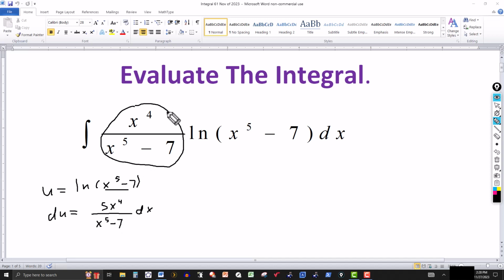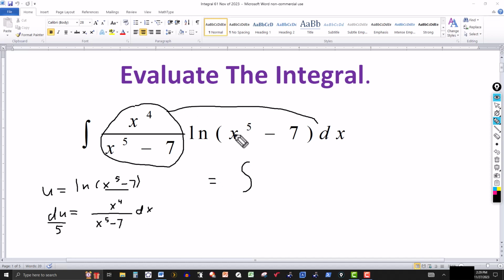So notice we have x to the fourth over x to the fifth minus 7. Treating this expression as a product with the dx, I'm going to divide both sides by 5. So that allows me to replace the x to the fourth over x to the fifth minus 7 times dx by du over 5. So come back over here, and we can set this equal to the integral.